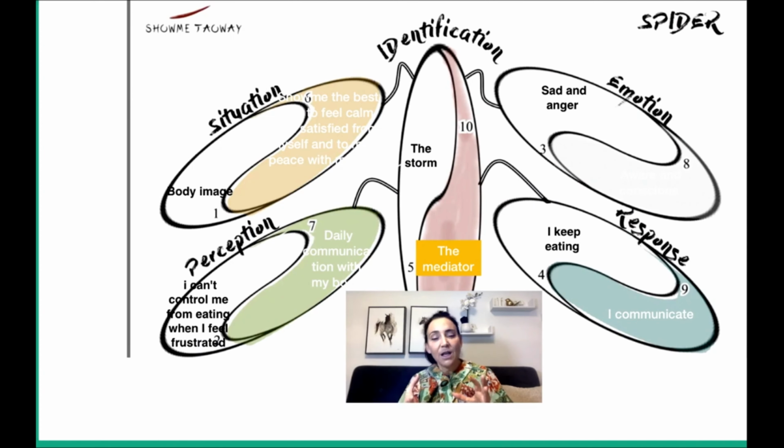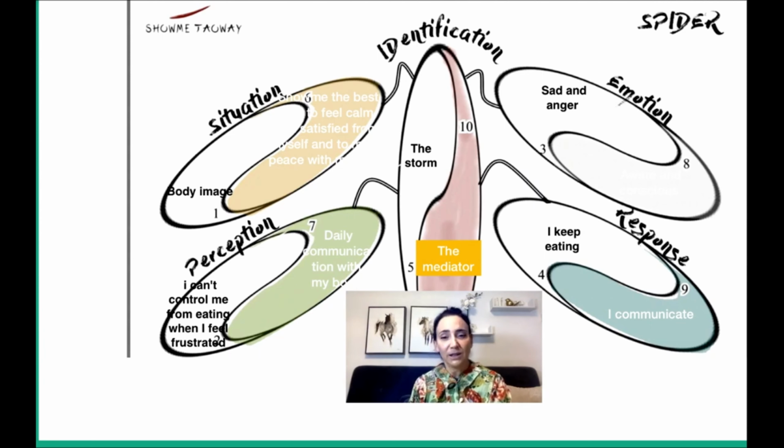The process of Show Me is to really learn how to take number 10, how to teach number 10 how to work with number 5, how to integrate the voices. So as I asked you before, score the volumes of number 5 as opposed to number 10 from 1 to 100.